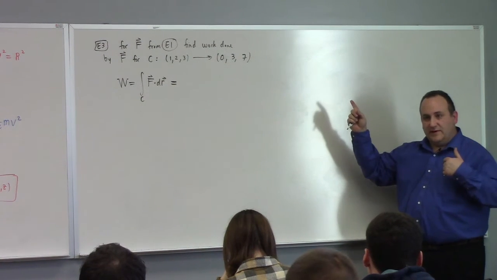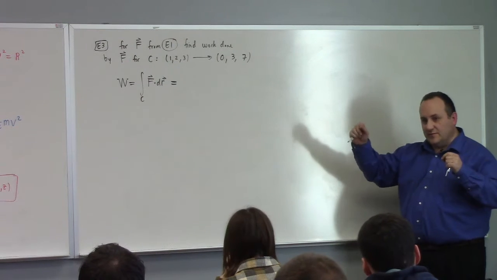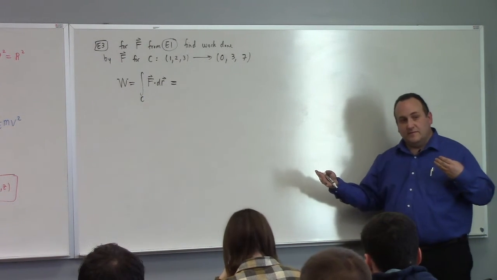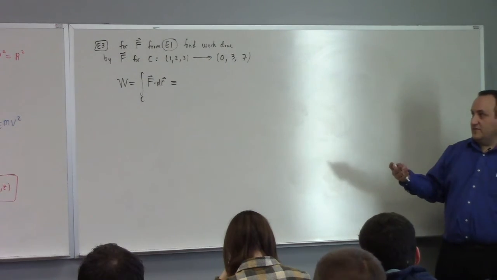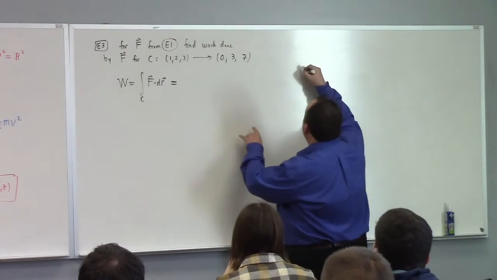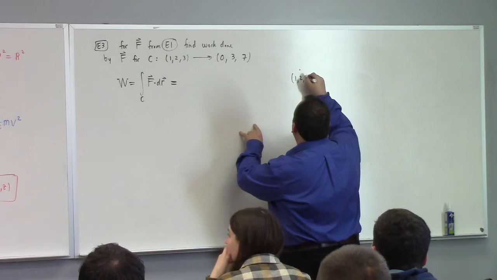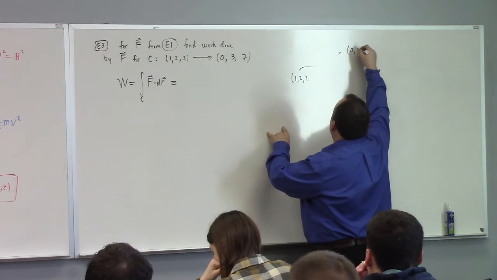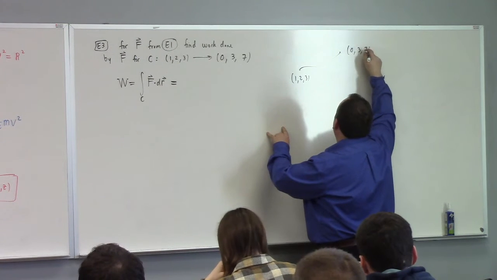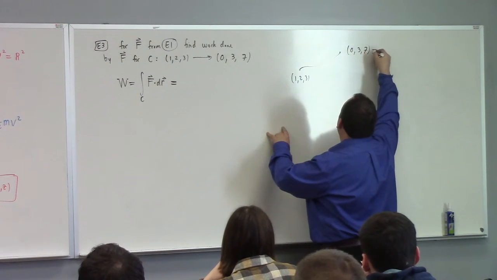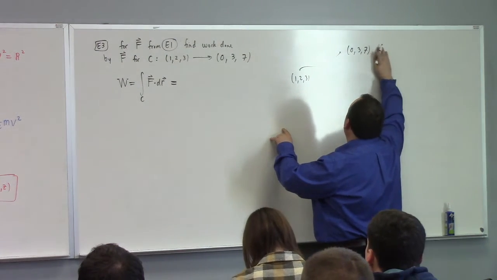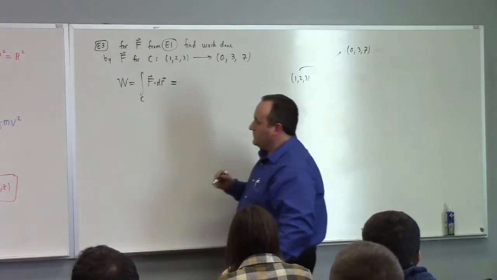To calculate the work done, we had to plug in specific x equals x of t, y equals y of t, z equals z of t to do the integral, right? I've given you none of that. I've just told you that we've got this curve that starts at the point 1, 2, 3 and somehow ends over at the point 0, 3, 7. So I just want to think of those 2 points as the initial and final points here.